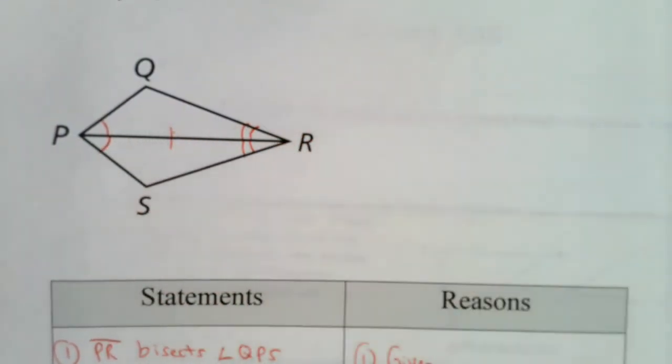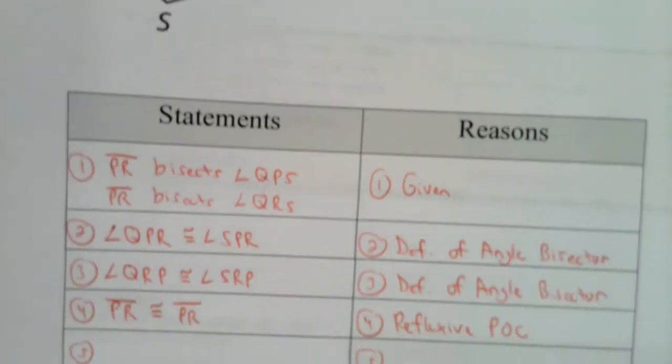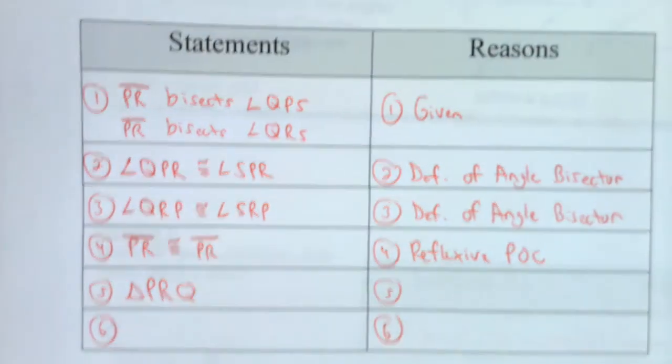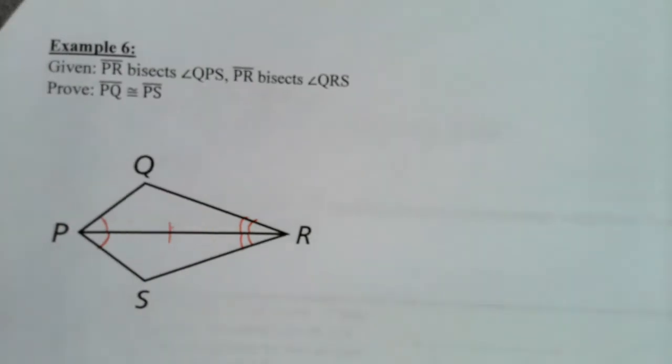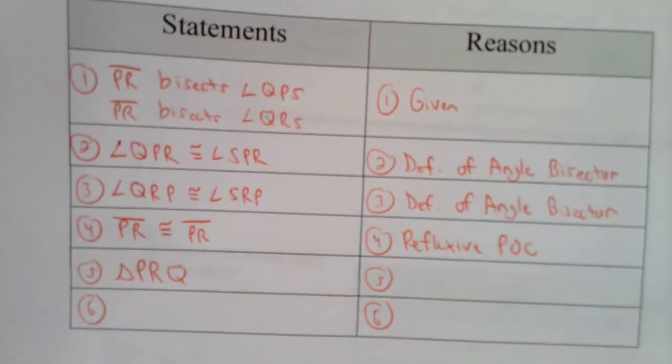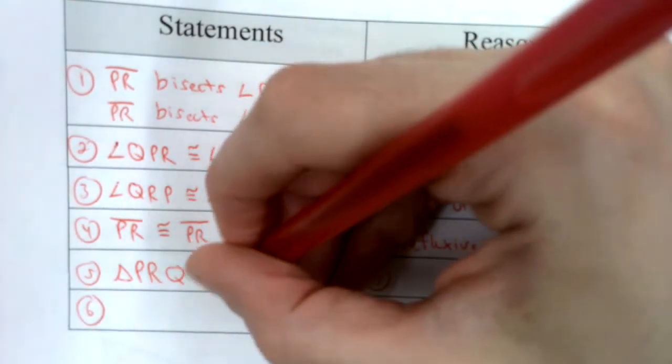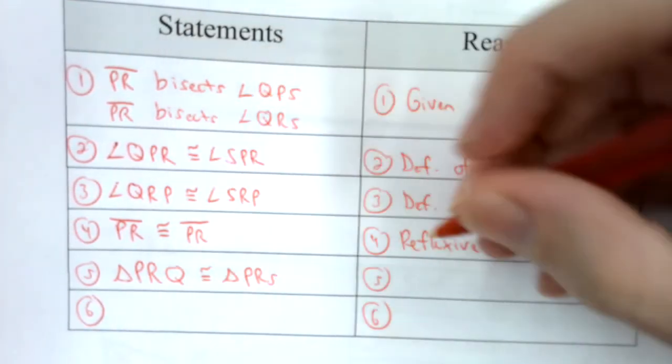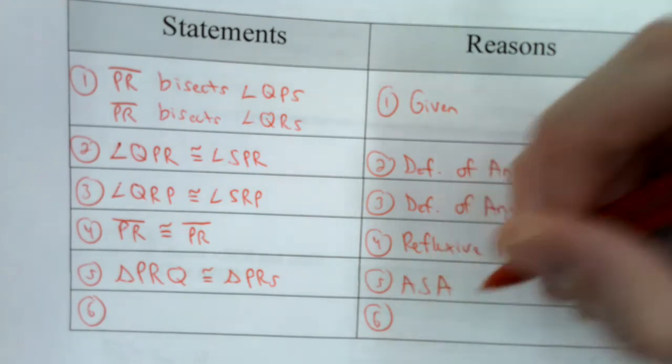Just be careful for the order of the triangle congruent statement. I'll say triangle PRQ, so one arc, then two arcs, then none, is congruent to triangle PRS. And again, that was angle, side, angle.